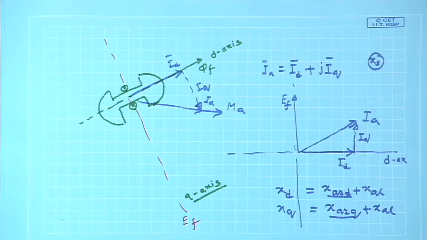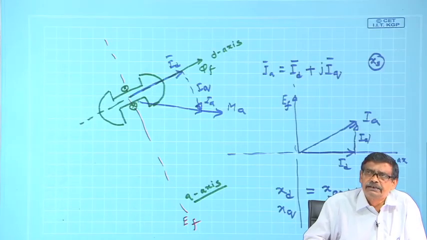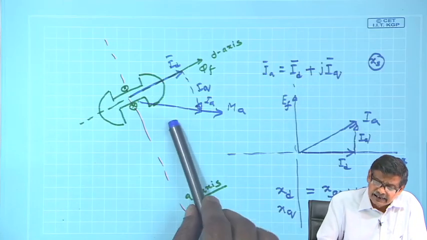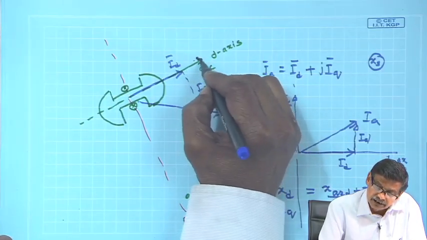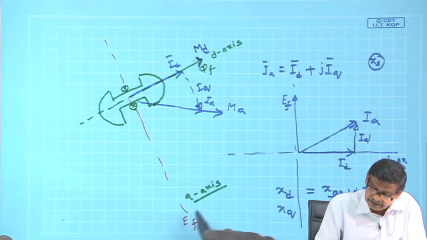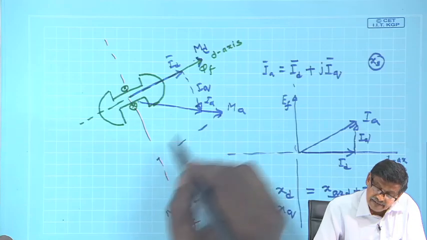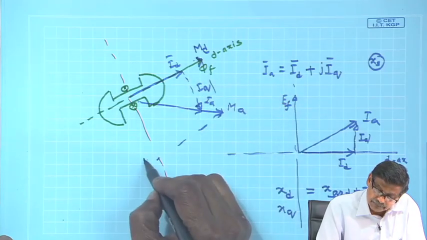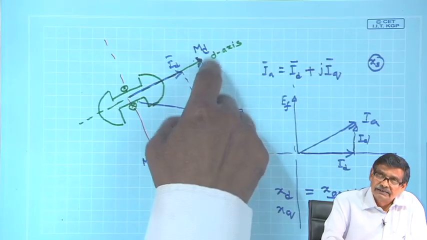So, the suggestion is that armature MMF, which is because of the stator armature current, its distribution, etc., we have seen, can always be thought of as having two components, one is M d, another is M q.